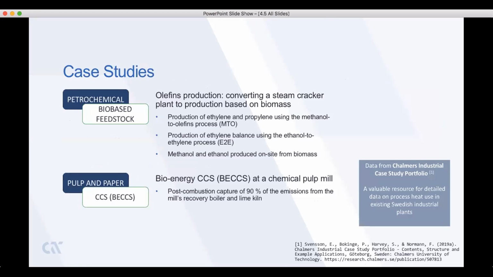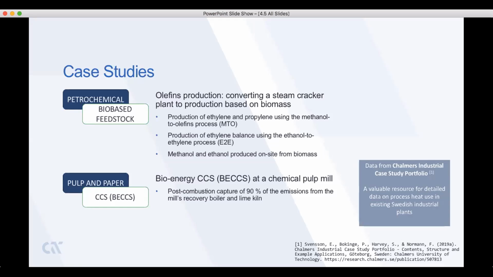The proposed approach has been used in several case studies looking at different decarbonization options. Two case studies will be presented here. The first case study investigated the impact that a potential feedstock switch to biomass in the petrochemical industry would have on excess heat targets.